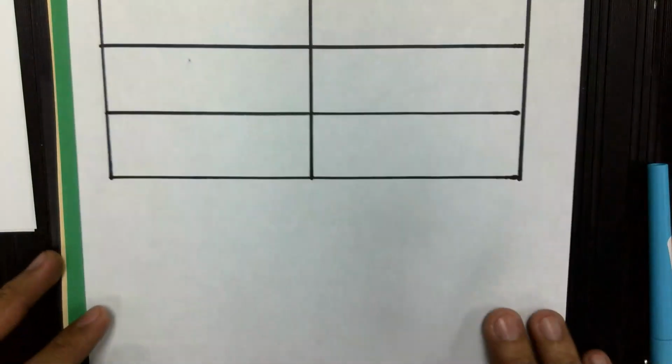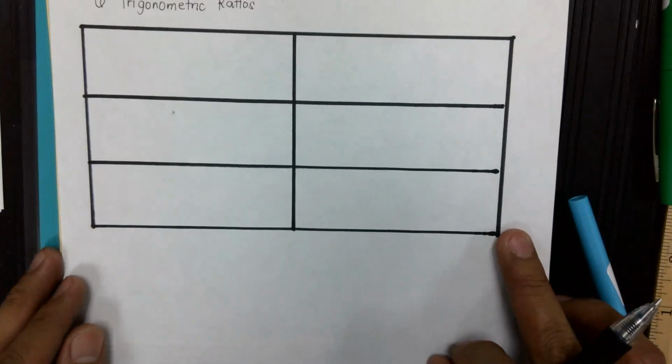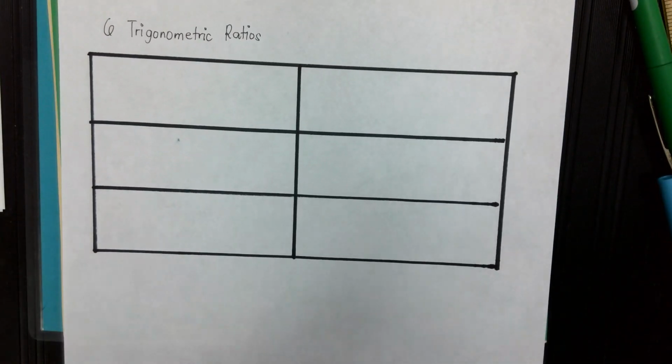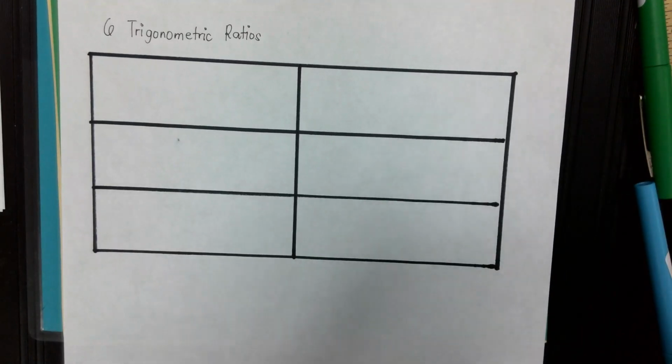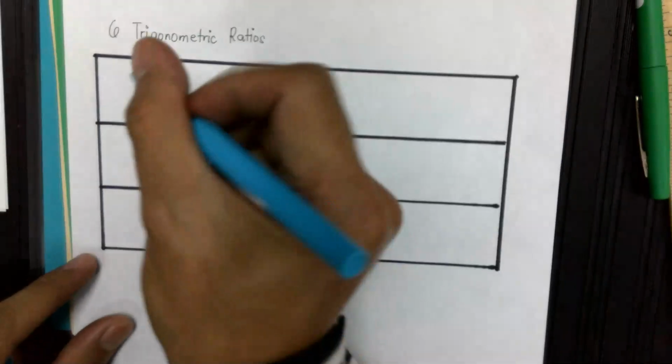Now the next part of this video would be us remembering this table for us to easily write down the 6 trigonometric ratios. Now the useful acronym, as most of us know, is SO, CA, TOA.